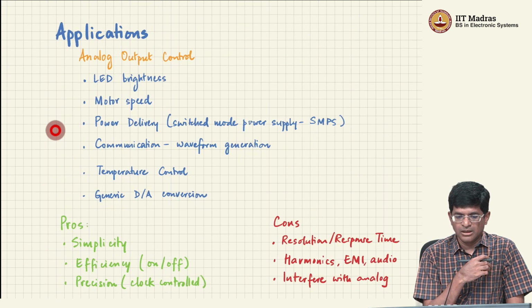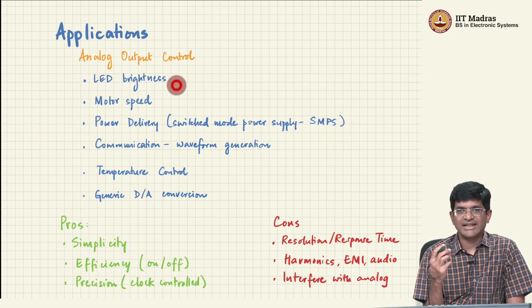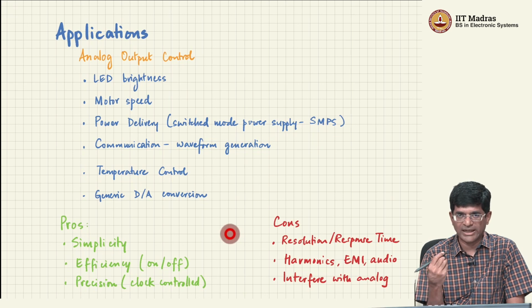Okay. There are many applications of this, by the way. A common one is LED brightness, the dimmer controls in LEDs. You are probably aware of how LEDs work. They have a cut-in voltage, a forward voltage, beyond which they are for all practical purposes on, and below which they are off.